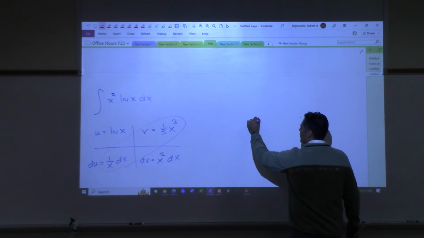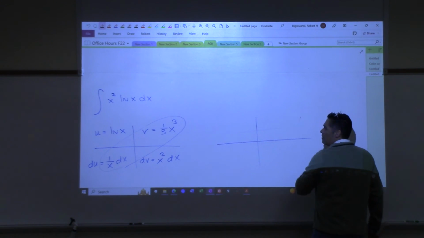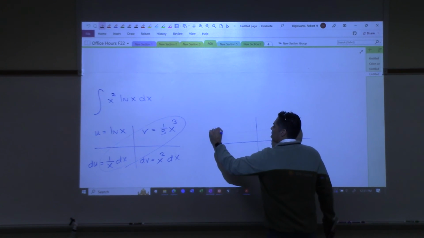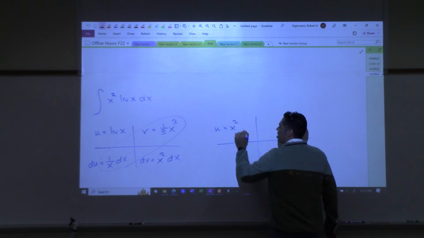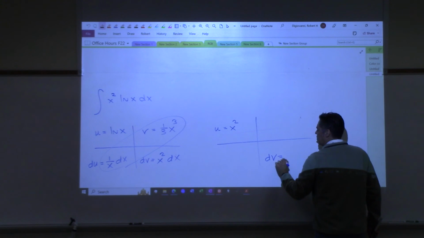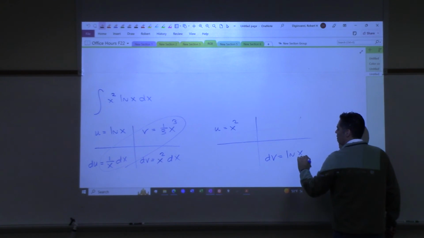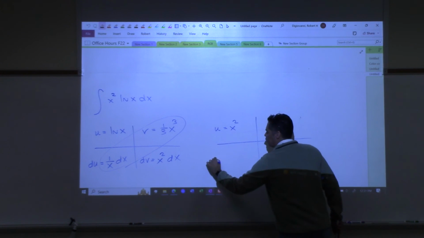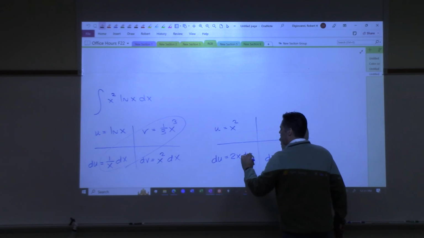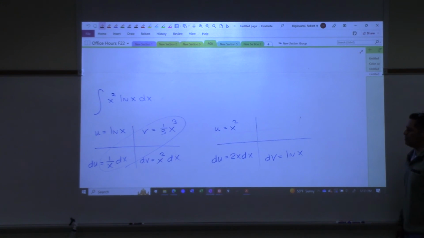I want everyone to see why the other way doesn't work. If we do x squared here, and we do, what's our option for the other one then? ln x. Then the derivative of this is fine. du is 2x dx, right? But what problem are you going to now run into?